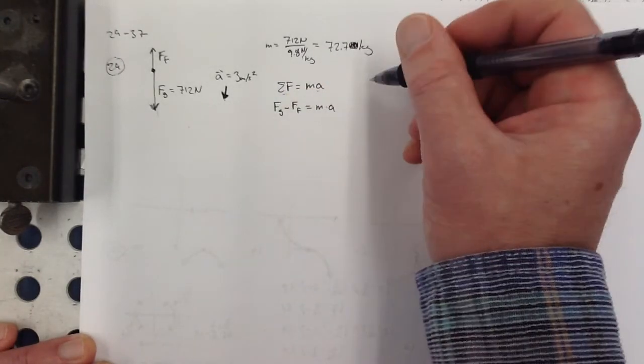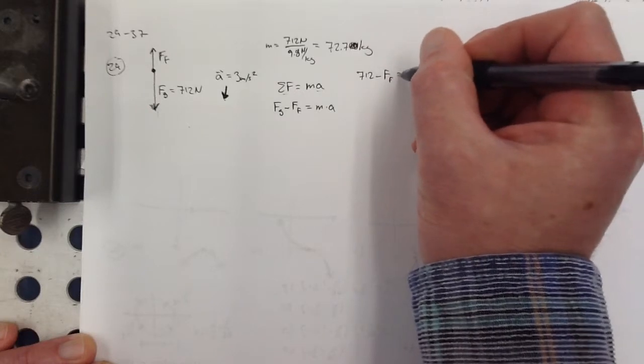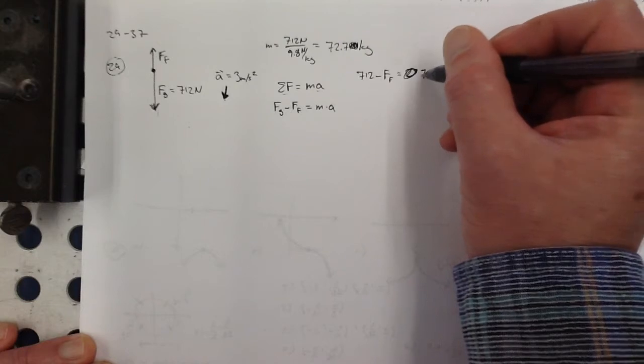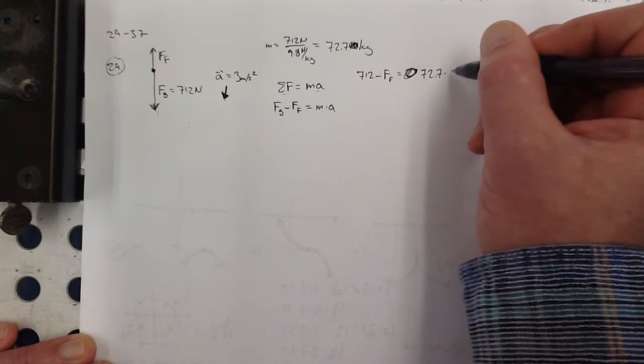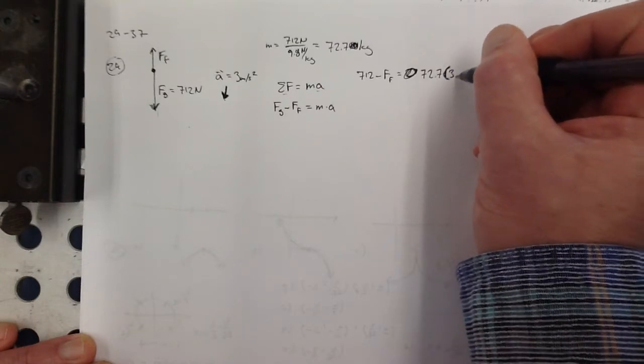I think I'm ready to put in some numbers now. So 712 minus this unknown force of friction is equal to the mass of the firefighter times the acceleration.